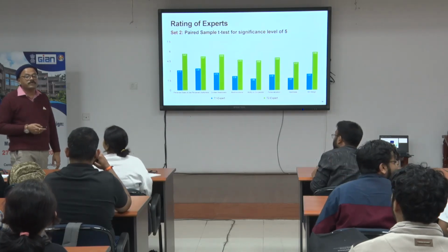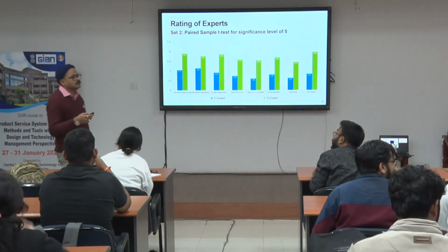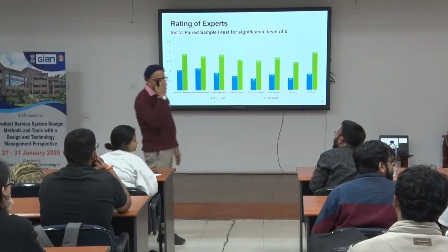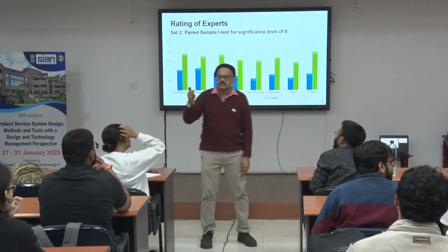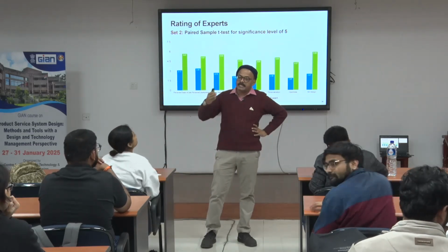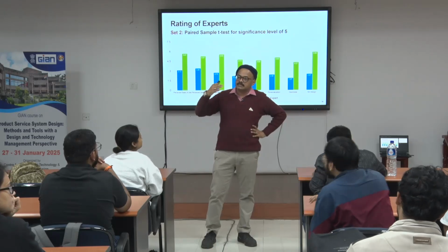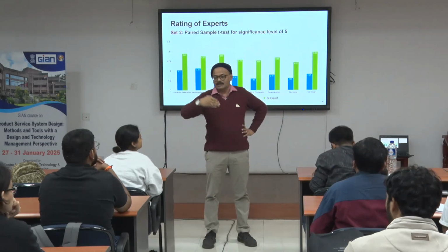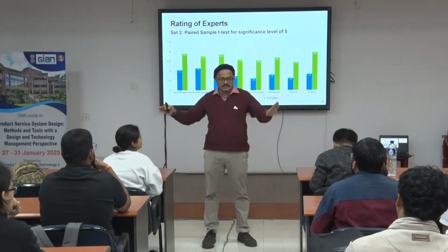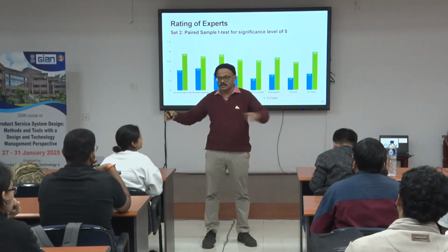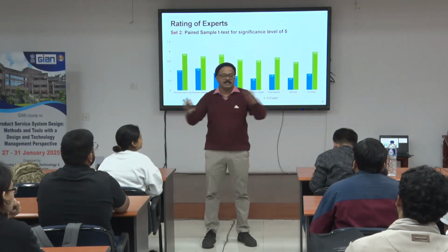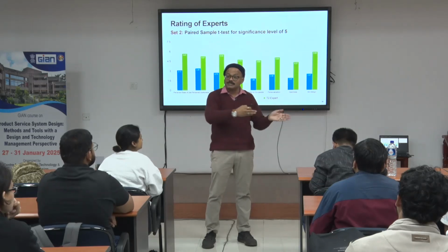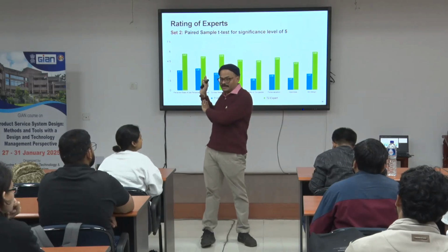We administered questionnaires to the peers, and we asked peers to rate. So we just exchanged the sheets. One group's sheet was exchanged with the other group, and the other group was rating them. So this was peer rating.